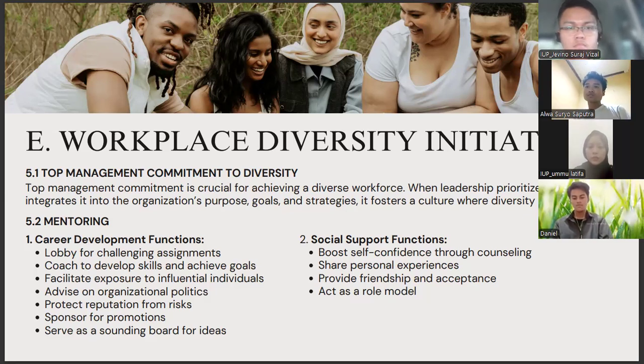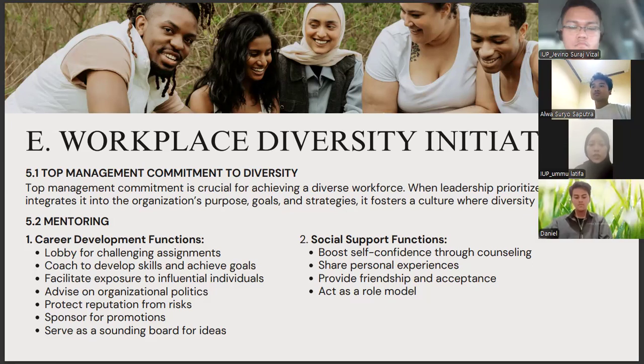There are seven, and number one is lobby for challenging assignments, coach to develop skills and achieve goals, facilitate exposure to influential individuals, advise on organizational politics, protect reputation from risks, sponsor for promotion, and serve as a sounding board for ideas. And point two is social support function.